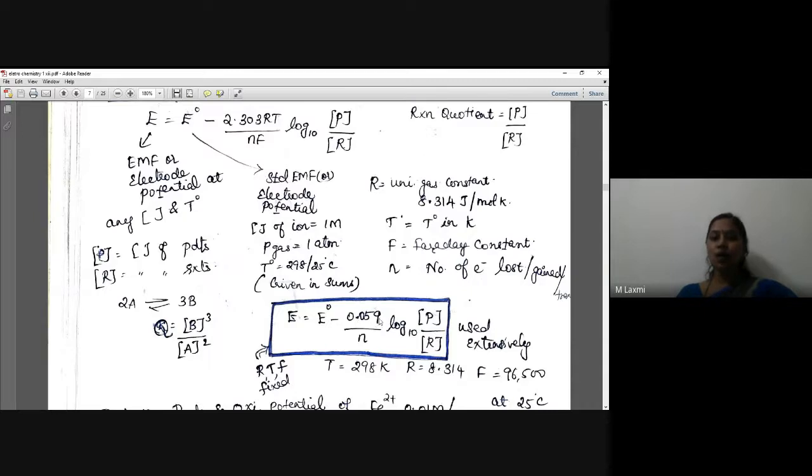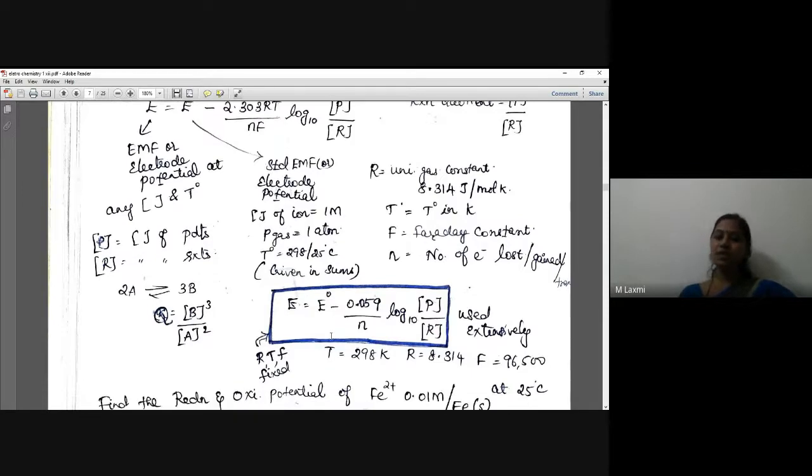So you know how you got the 0.059, right? See, this is 2.303 into our universal gas constant, whose value is 8.314 joules, into temperature 298 Kelvin. When you put in all those values, with Faraday 96,500, you get a number 0.059 by n. So the first equation, in its simplified version, is the second equation, which is used extensively in the numericals.